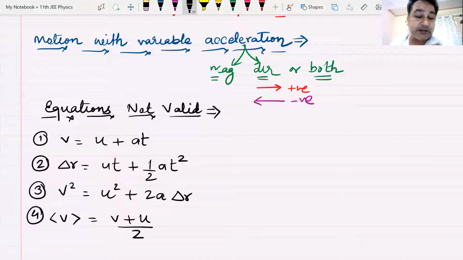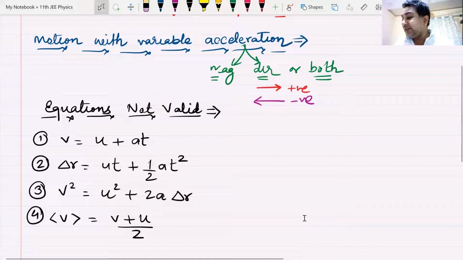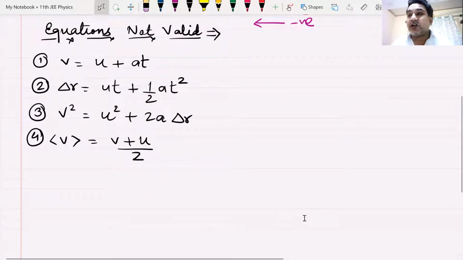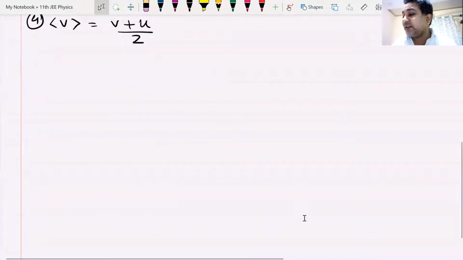Yes, very good. All these equations were only valid when acceleration was constant, useless now.